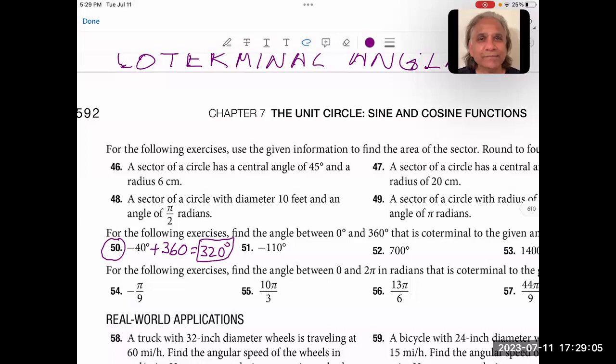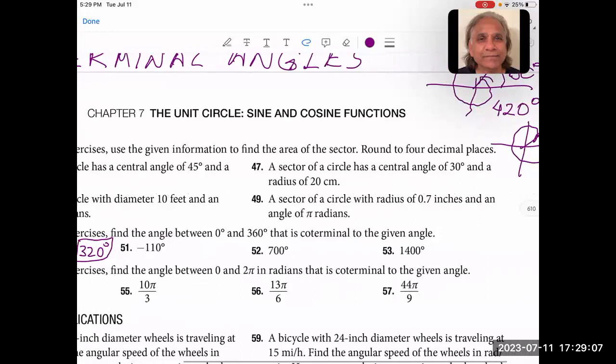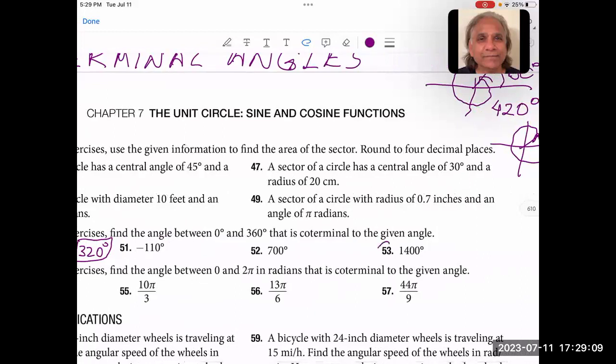Let's look at problem number 53. Now, starting with this huge angle, to get something between 0 and 360, you will have to subtract 360 many times before you get to that 0 to 360 range. So in fact, you'll have to subtract 363 times.